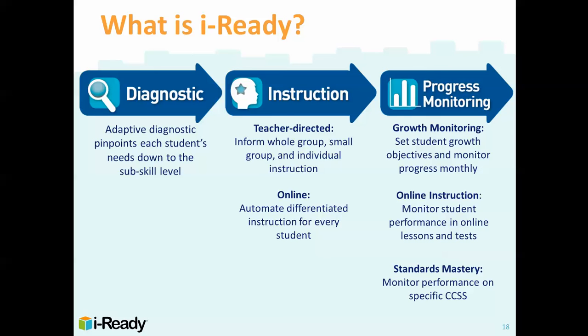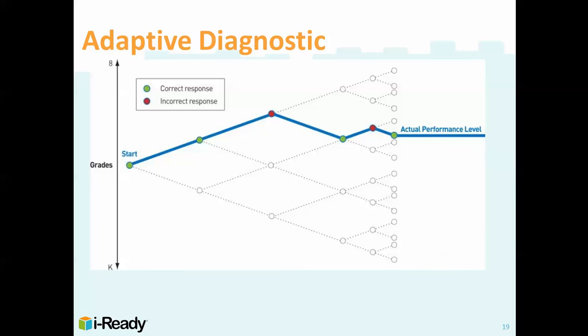We talk about our adaptive diagnostic. I think everyone knows what we're talking about, but just to be clear, our assessment changes question by question. So every student gets basically a different test based on what they know. Students who are answering questions will continue to get harder and harder questions until they miss them. Then we'll back up.